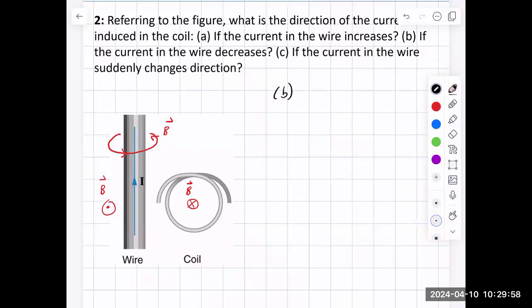Let's do part B this time. So if I is decreasing, then the magnetic flux through the loop, our coil, is decreasing.